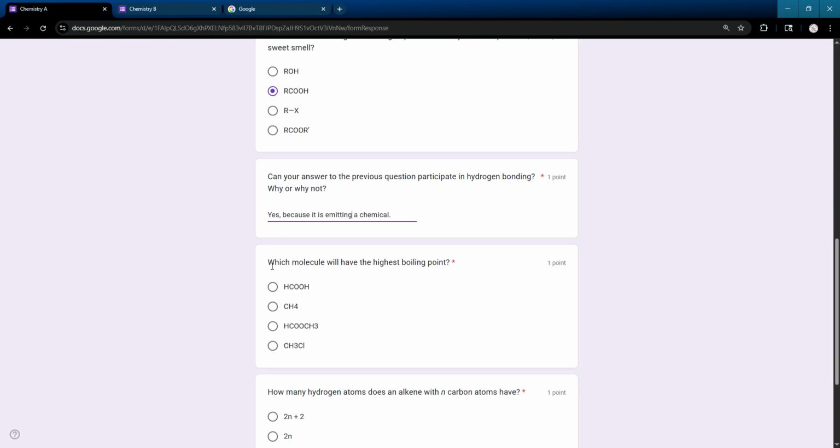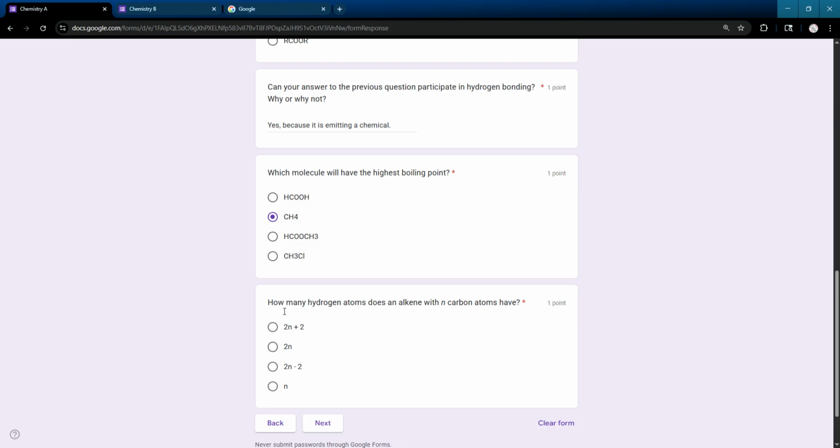Okay. Which molecule will have the highest boiling point? CH4. Let's go with CH4. How many hydrogen atoms does an alkene with n carbon atoms have?